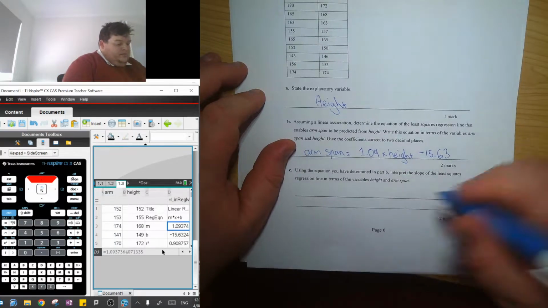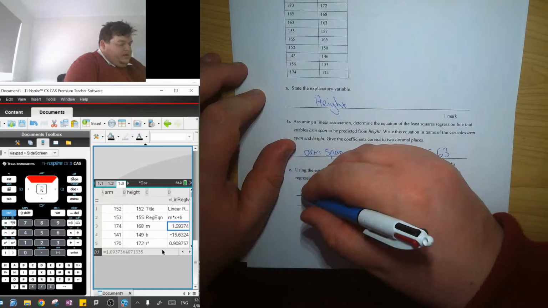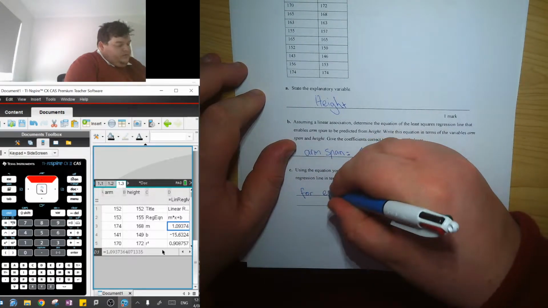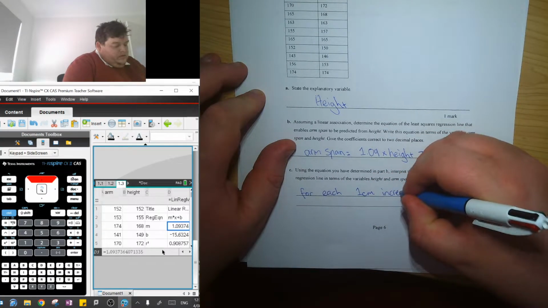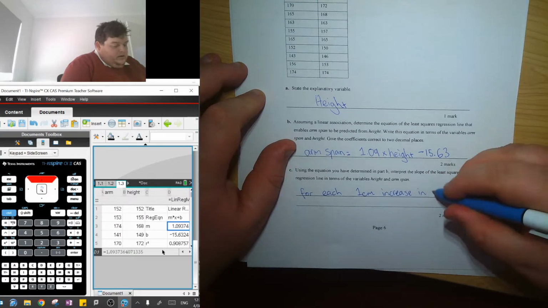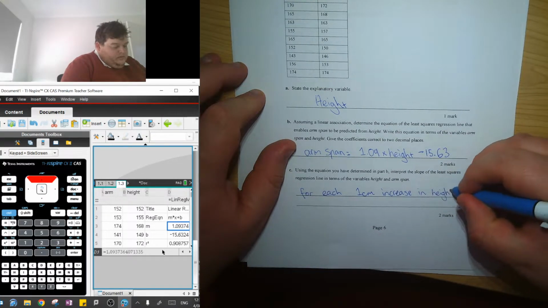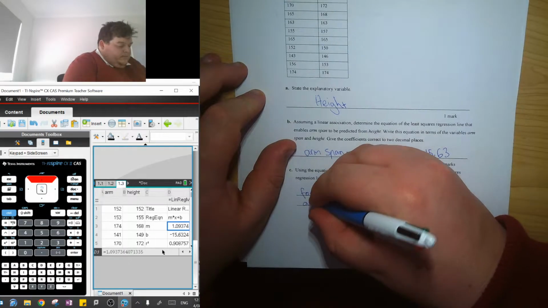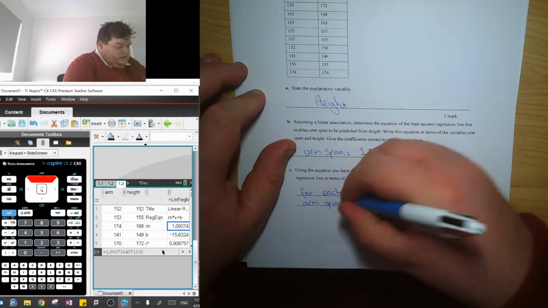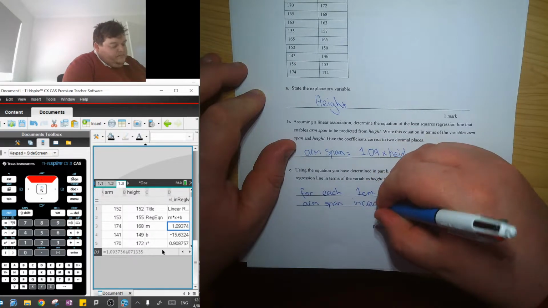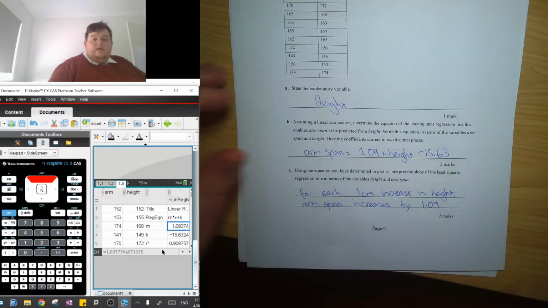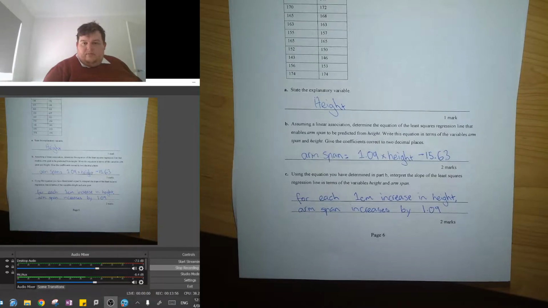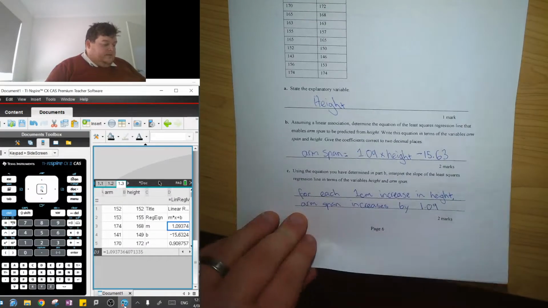So what the slope would mean is for each 1 centimeter increase in height, arm span increases by 1.09. Cool. So that's there. I just want to make sure that's all in shot. Yeah, cool. So that will get you those marks.